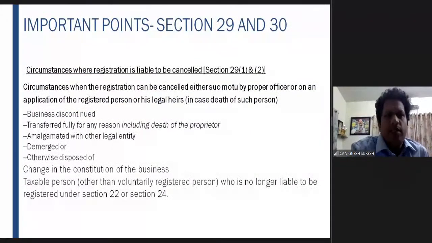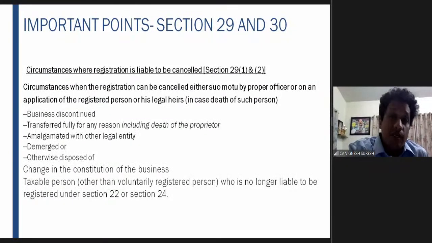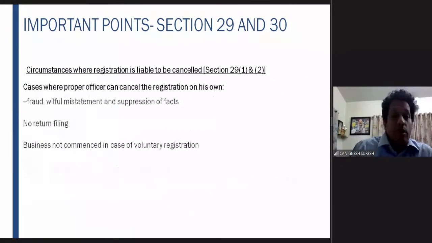So what are the points where the registration is liable to be cancelled? Circumstances where the registration is cancelled on his own by the proper officer, or when a registered person is applicant: where business is discontinued, where the business is transferred fully, where the business is amalgamated with another legal entity, demerged, change in constitution, or any person who is no longer liable to be registered under section 22 or 24.